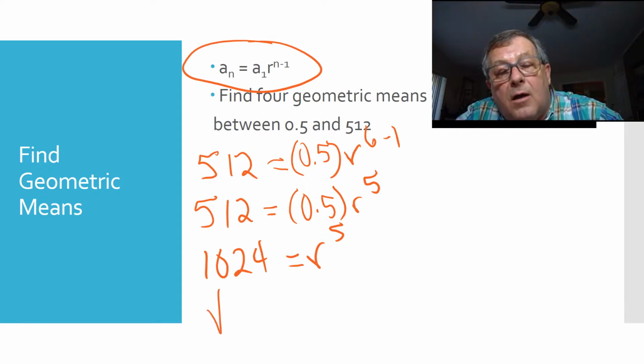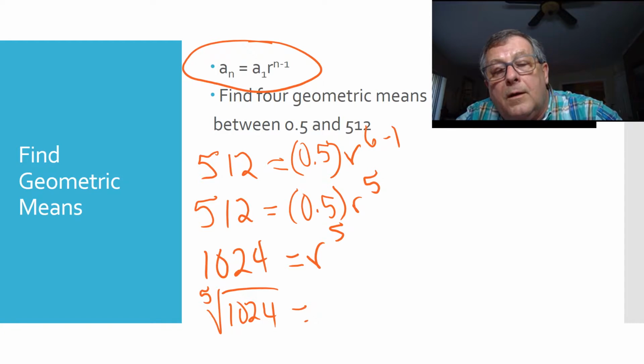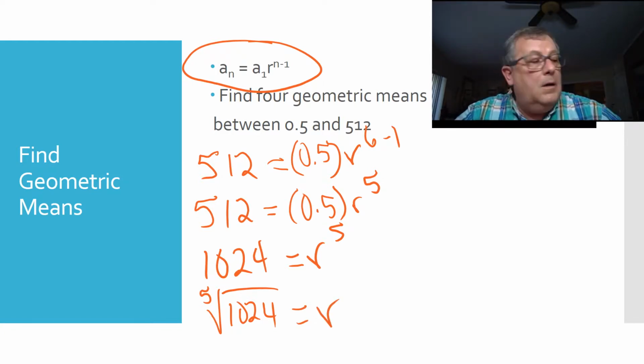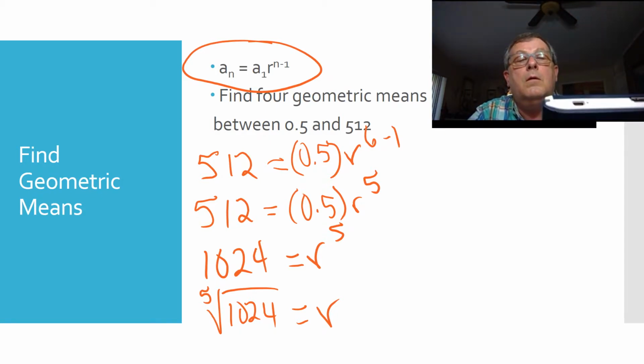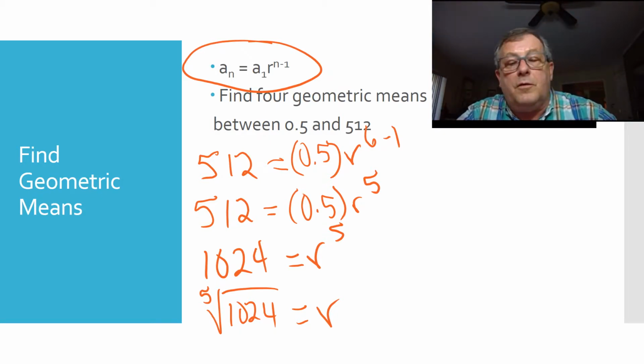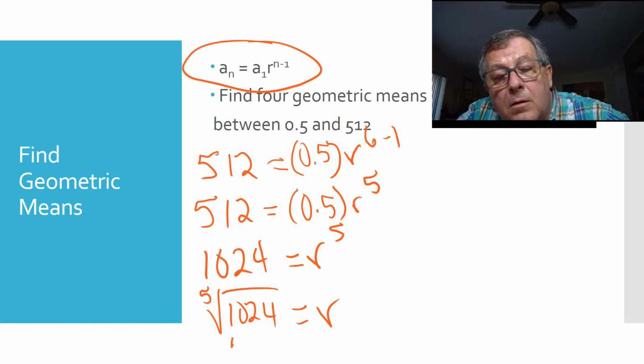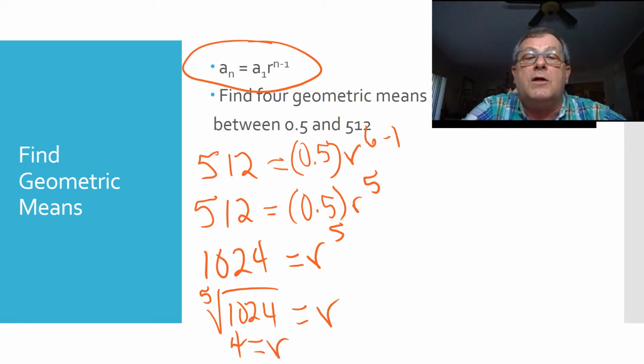So I'm going to isolate the r by taking the fifth root of 1024 equals r. I'm going to take the fifth root of 1024, enter. And so r is equal to 4. So my common ratio is 4.